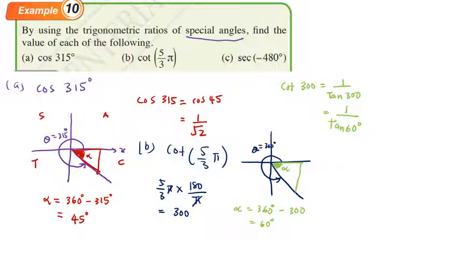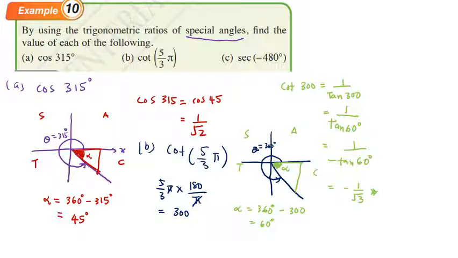Then we look at the sign. All Sines Tangent Cosine. In the fourth quadrant only cos is positive. Other than that it is negative. So we rewrite it as negative 1 over tan 60. Look at your table, what is tan 60? Tan 60 is square root of 3. So the answer is negative 1 over square root of 3.